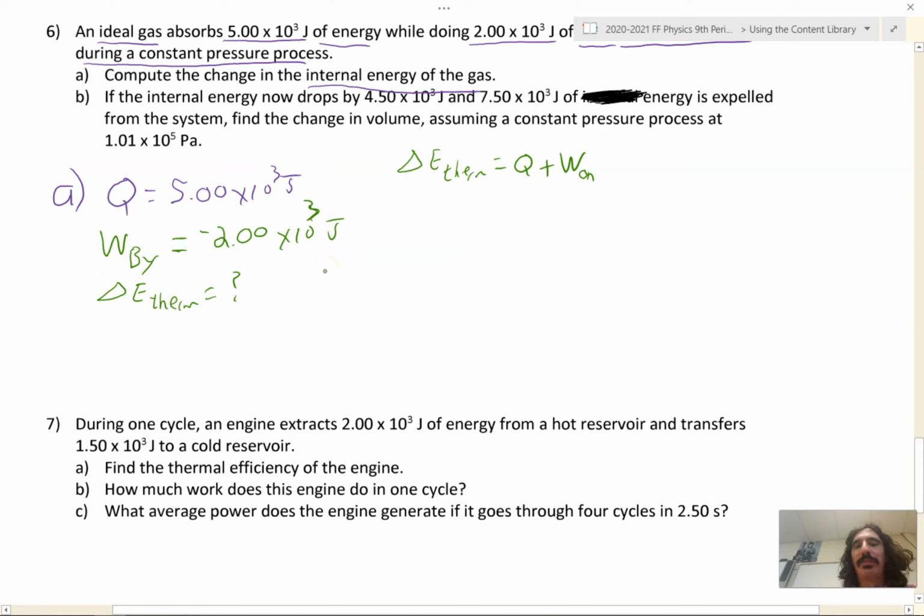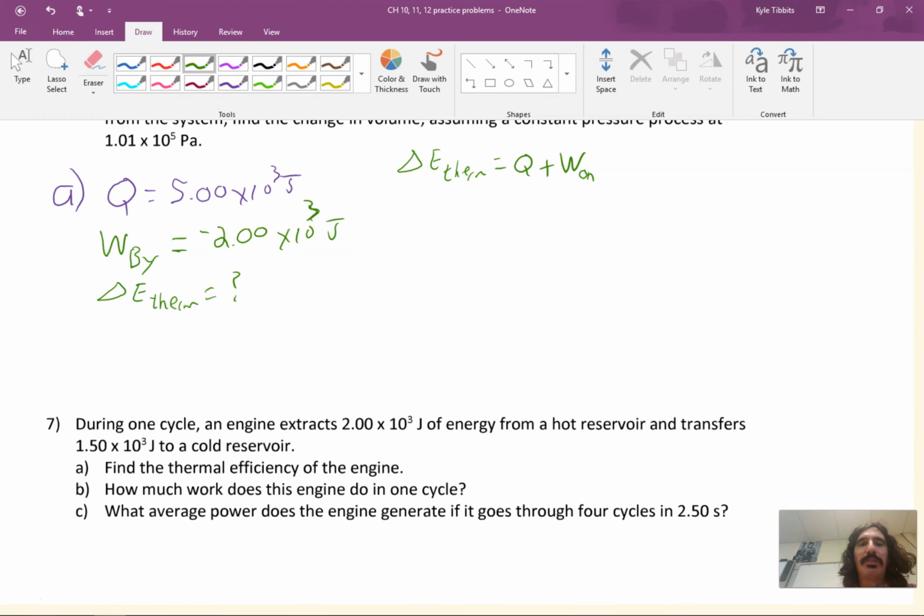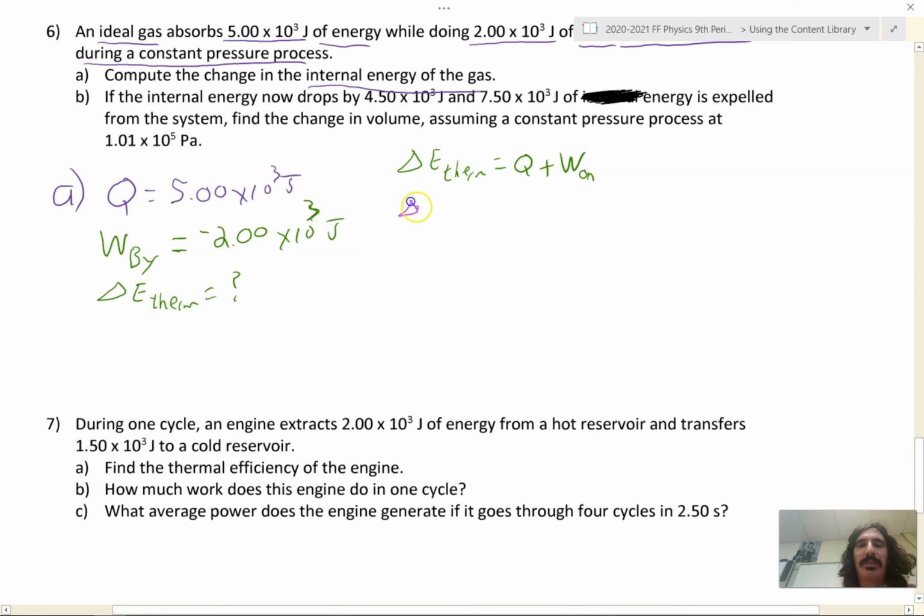So the system is doing the work, which makes it a negative W. We can just plug and chug, change in E therm equals 5.00 times 10 to the 3 joules plus negative 2.00 times 10 to the 3 joules. That gives us a change in internal energy to equal 3.00 times 10 to the 3 joules.